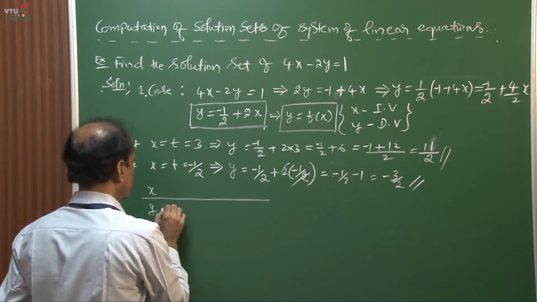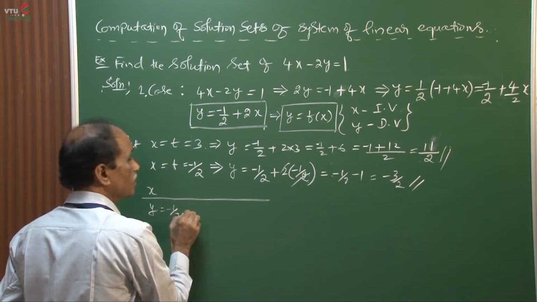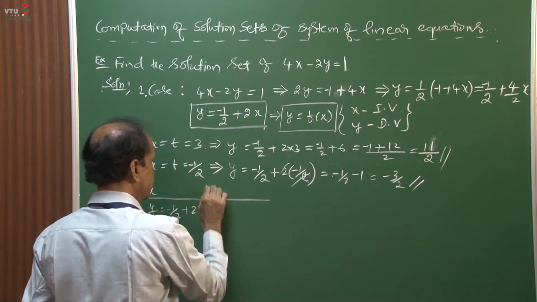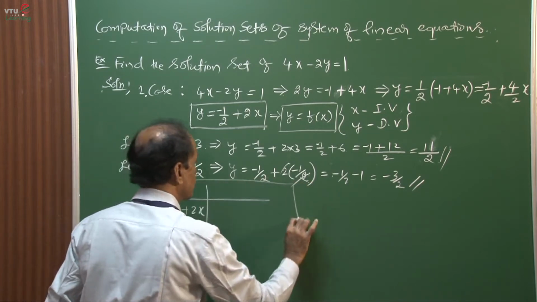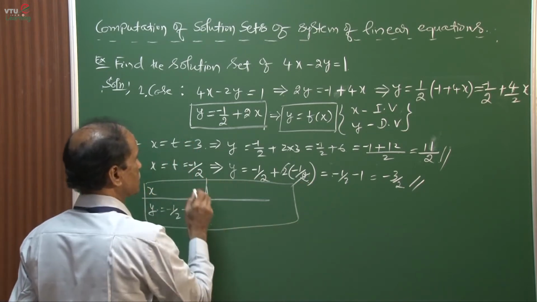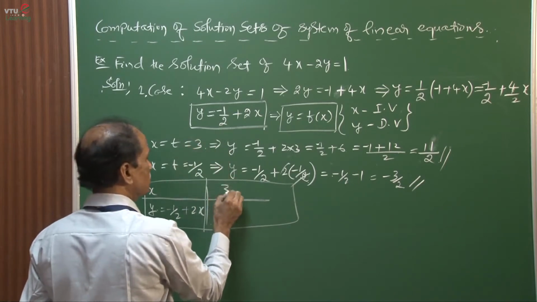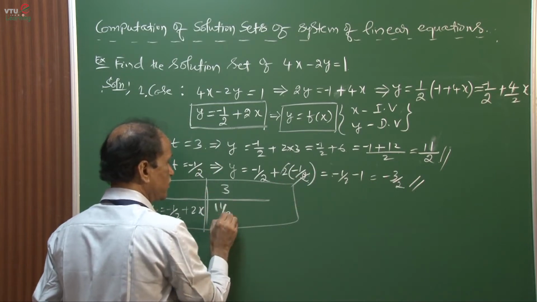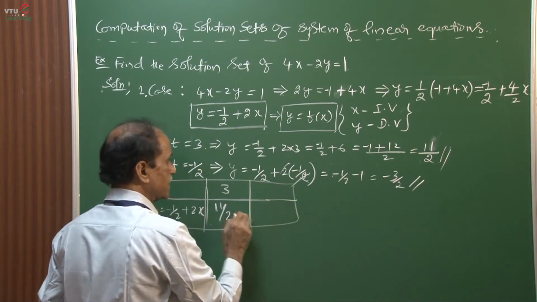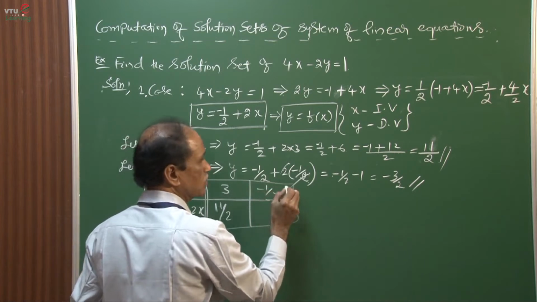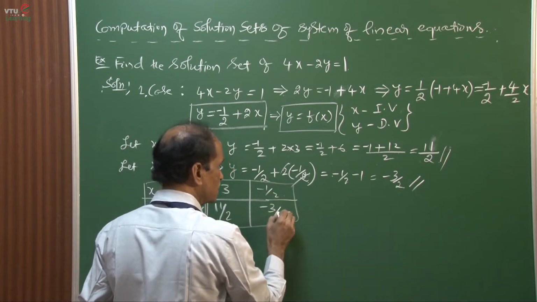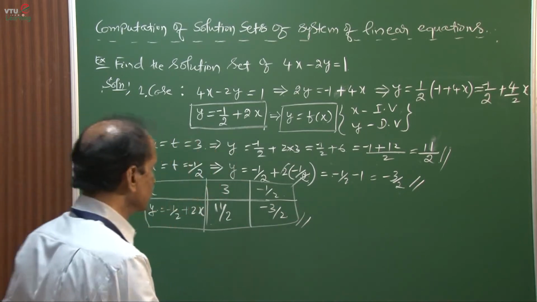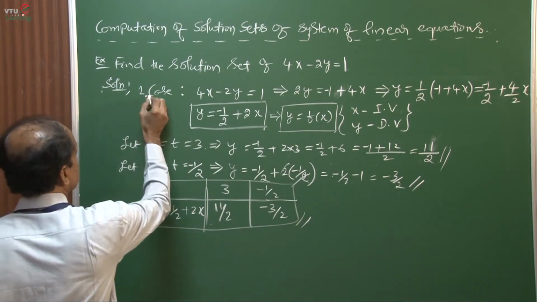It is minus 1 by 2 plus 2x. There are two values which I have assigned. First value is 3, I am able to get 11 by 2, and the second value I am assigning minus 1 by 2, I will be able to get 3 by 2. So it is just like a simple graph which you are going to explain. Now this is case 1.